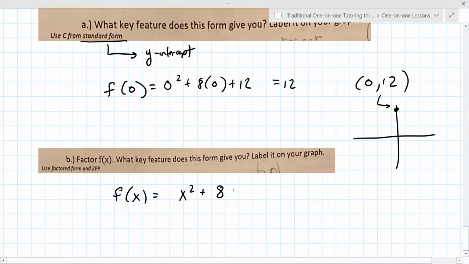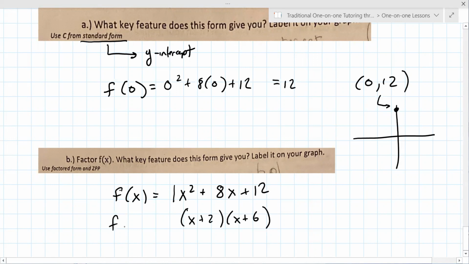I don't know what that is either. So you've got to factor this because there's a 1 in front. You're finding two numbers that multiply to 12 but add up to 8. Okay, so 2 and 6. So x plus 2, x plus 6.